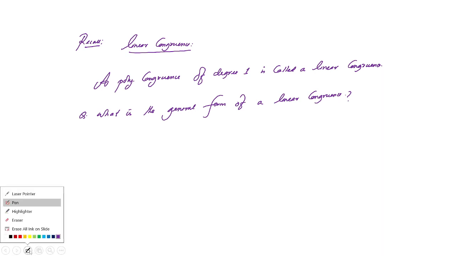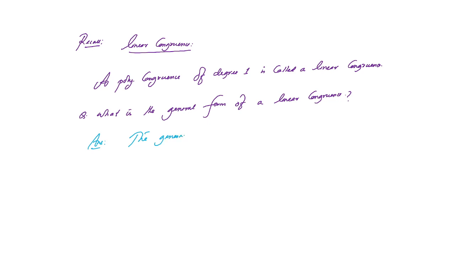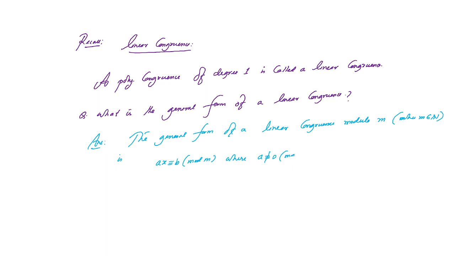Answer: the general form of a linear congruence modulo m, where m is a positive integer, is ax congruent to b mod m, where a is not congruent to 0, that is, a is not divisible by m. So this is the general form of a linear congruence.